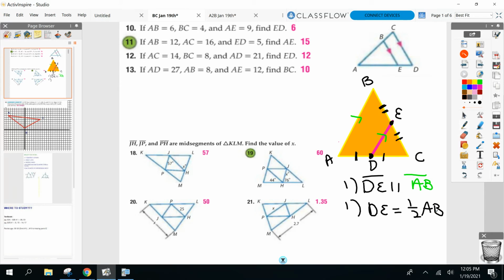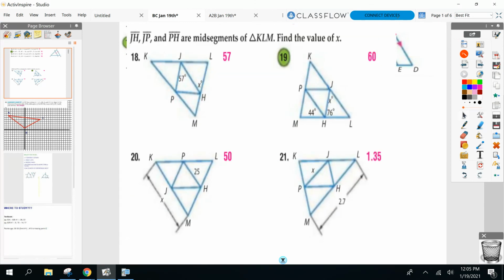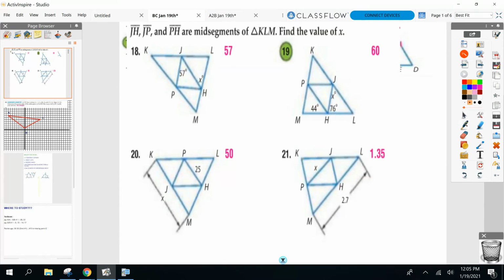Can you go for 19? 19, here we go. I'm actually going to get rid of all this, and I want to blow this up because it works better when I blow it up. There we go, 19. We are told you got to read the directions. These three are mid-segments, which means they're all parallel to their third sides.